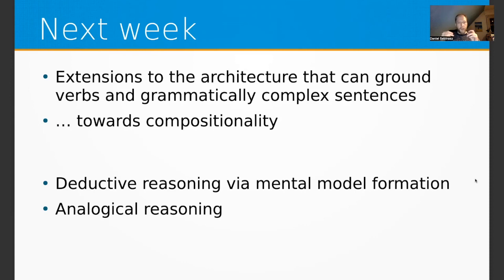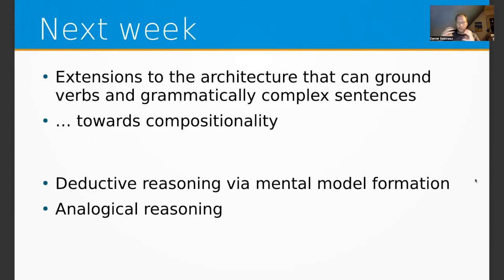processes. And now I also want to give you a glimpse at a model of analogical reasoning, where essentially knowledge about one scene is transferred to another scene, which is analogous to the first scene in some sense.